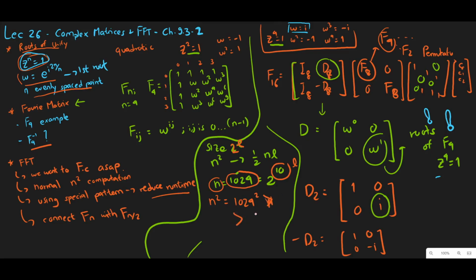But now we can bring it down to half of n L, which is 1024 times 10 over 2, just about 5000. That's a really drastic, significant drop in terms of speeding up the runtime. So that's the idea of FFT. I hope that's it, and yep, thank you guys.